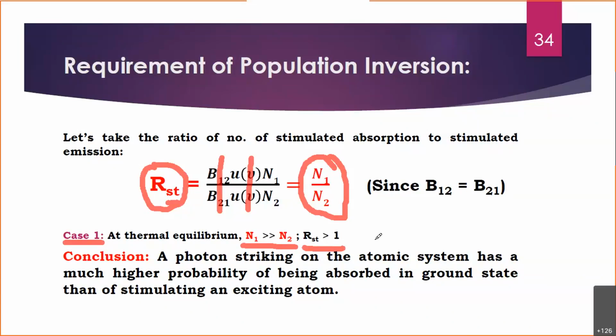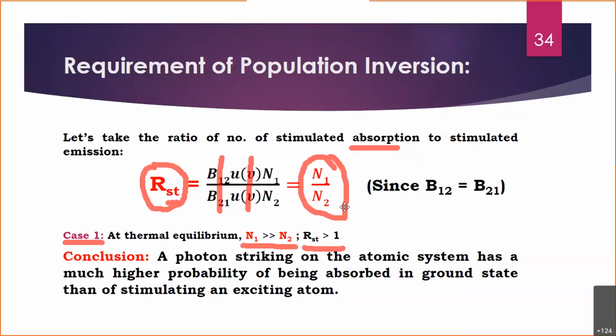What is R_ST? R_ST is the ratio of the stimulated absorption process to the stimulated emission process. If this factor is greater than 1, which processes are more? Absorption processes are more. So if this is the case, then what will happen? Conclusion: a photon striking the atomic system has a much higher probability of being absorbed in the ground state than of stimulating emission.